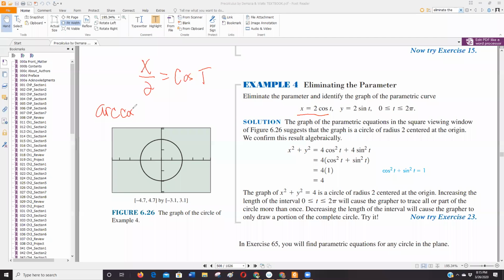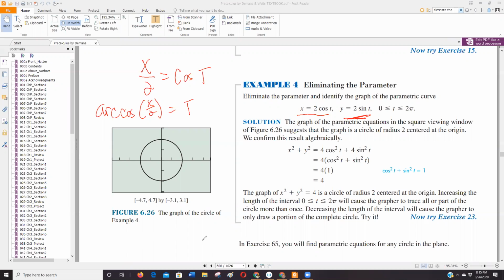So the arc cosine of x over 2. And if I do the arc cosine of the cosine, isn't that just t? So then I can substitute in the second equation. Any place I see a t, I can replace it with arc cosine x over 2.